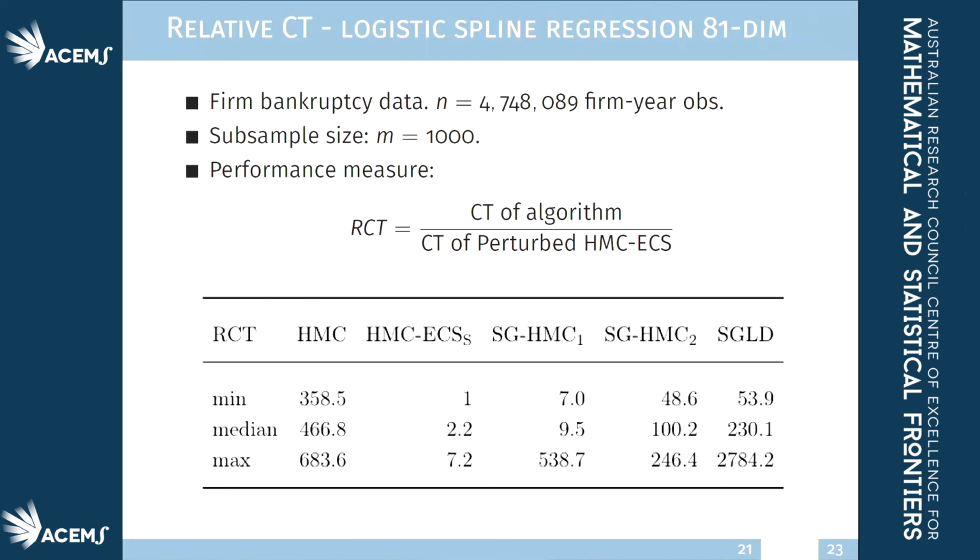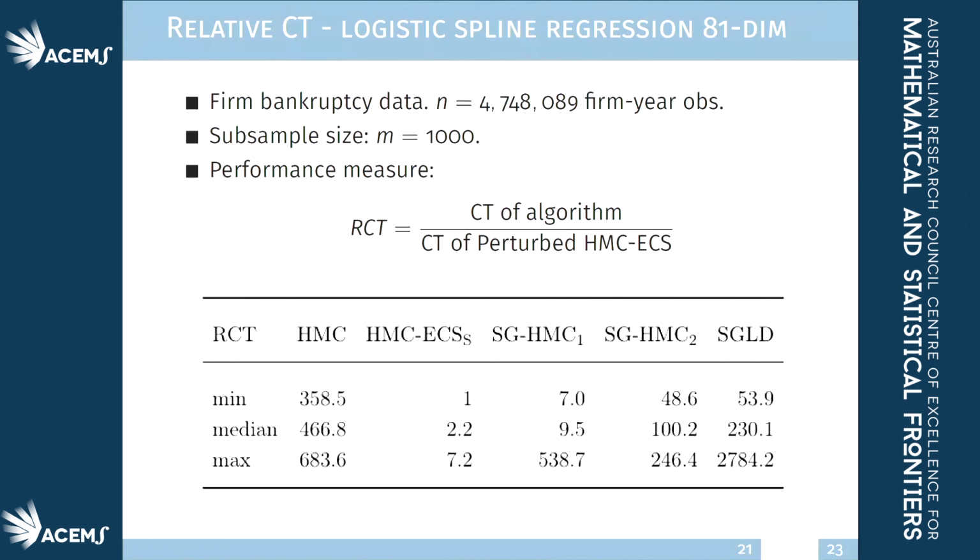So Hamiltonian Monte Carlo directly on all the data is 358 times less efficient than with energy-conserving subsampling at the minimum, and at the median it's 2.2. HMC ECS is the approach with energy-conserving subsampling, our algorithm, so that is denoted as 1.